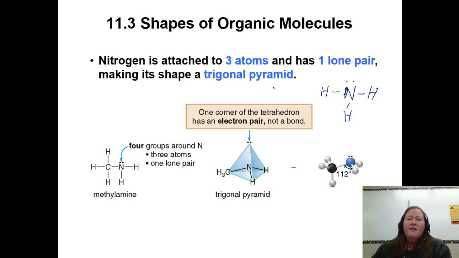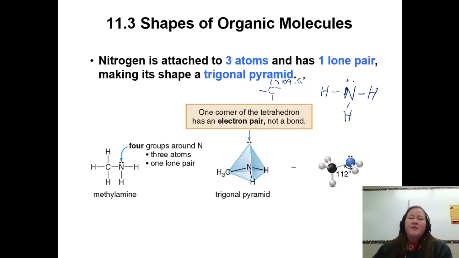When we had 4 things surrounding the carbon, our bond angle was 109.5 degrees. That is when we had 4 atoms surrounding the carbon. Here we have 3 atoms and 1 lone pair.